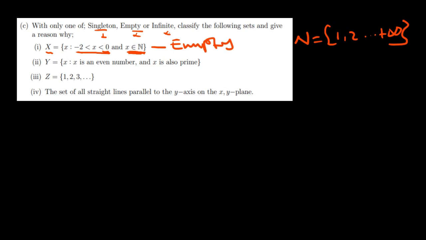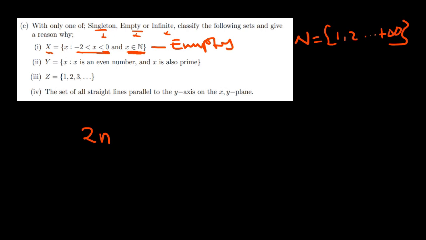And then 2 there, they are saying y is a set of all x's such that x is an even number and x is also prime. Okay, so we know that an even number should be in the form of 2n. Okay, so 2, 4, 6, 8, 10, 12, those are even numbers.